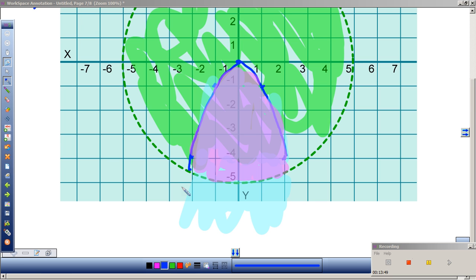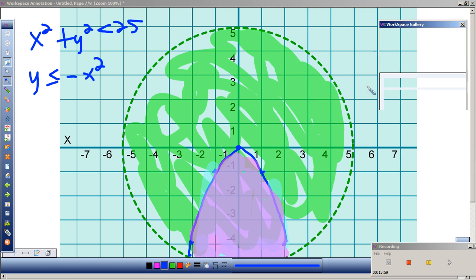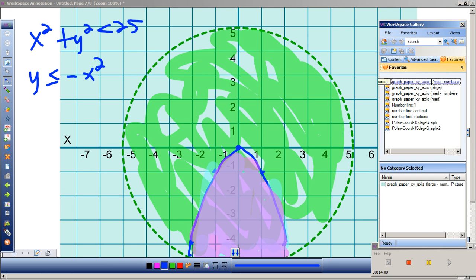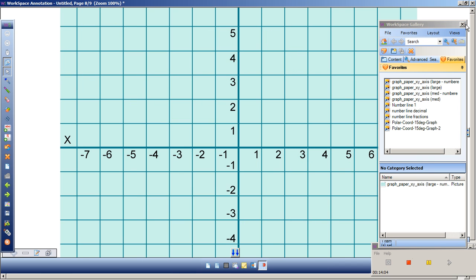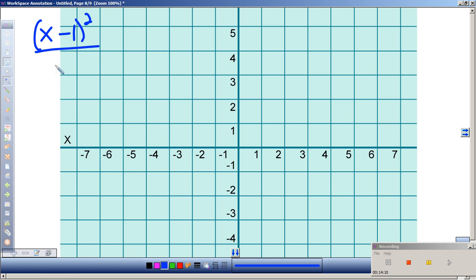Interesting thing is when you start doing these with hyperbola. So let's just do a simple hyperbola. Say (x minus 1) squared over 4 minus, say, (y plus 2) squared over 6 is less than or equal to 1.